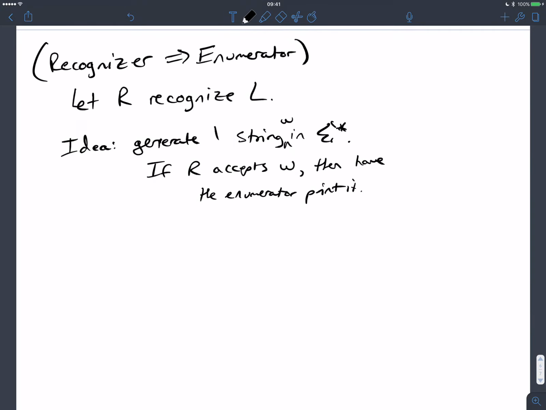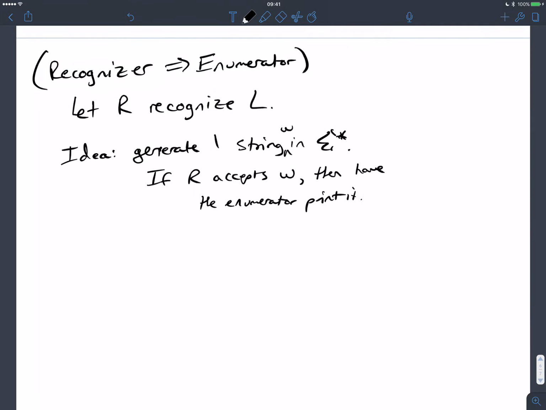Is there a problem then? Exactly. I don't know in advance whether, say, the empty string is going to run forever or not on that recognizer R. So this strategy will not work, because if I have a string that happens to have R run forever on it, then I'll never progress to the next string and I'm stuck.